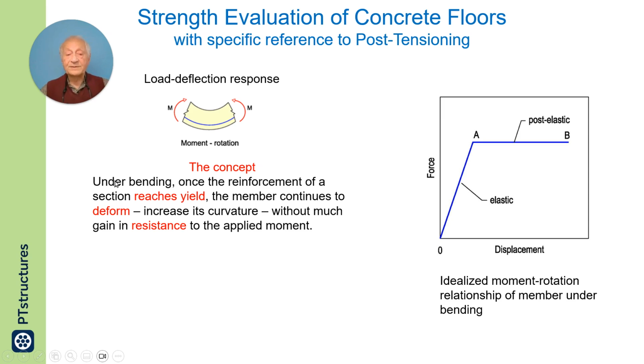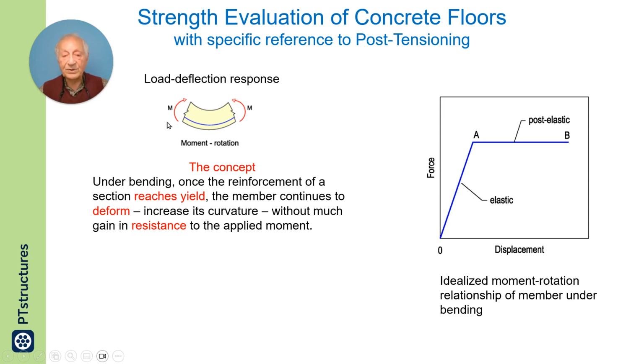I'm repeating the concept that we are going to follow right now for the yield line analysis. This is an image which we looked at earlier on in the presentation.